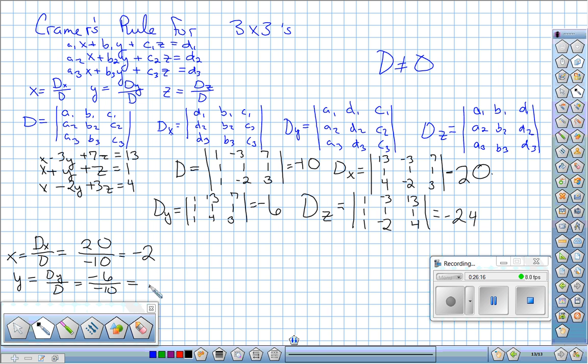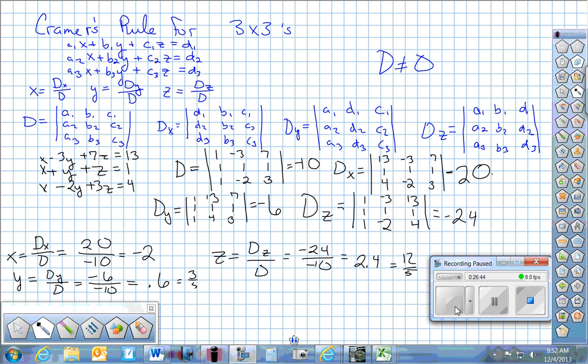That will be positive 0.6 or 6 over 10, however you want to write it. And then I have z is Dz over D. Dz is -24 over -10. That would be positive 2.4. You can write it as a fraction as well. They write it as 3/5 and 12/5. Okay, it really doesn't matter at that point.